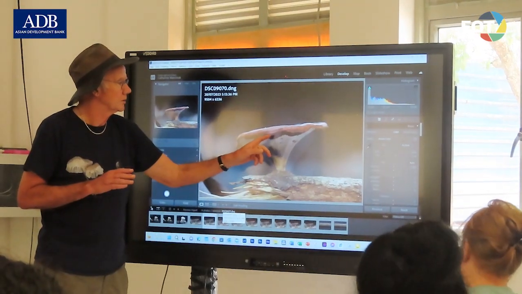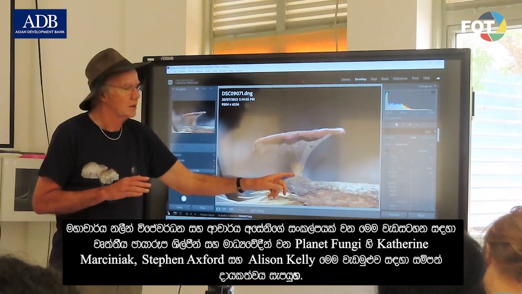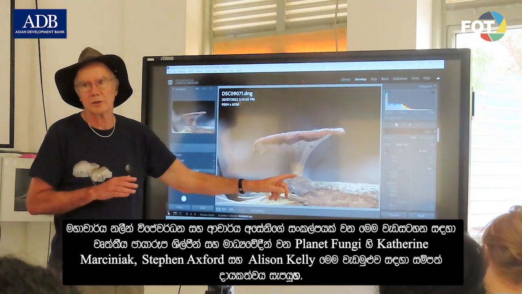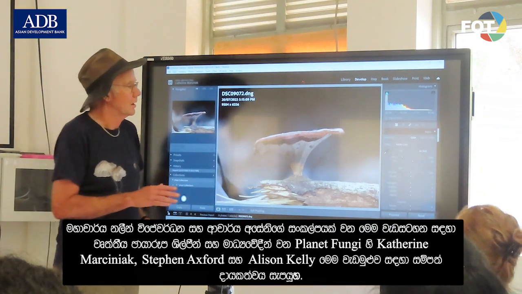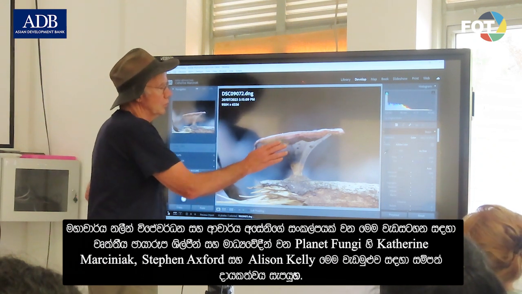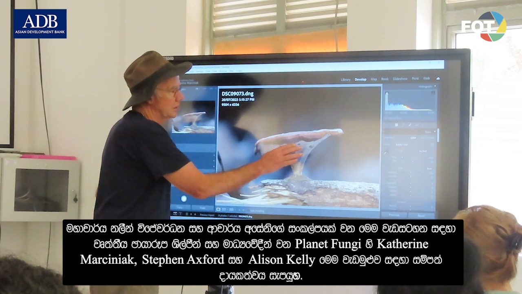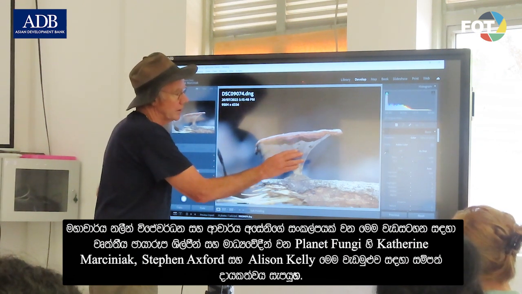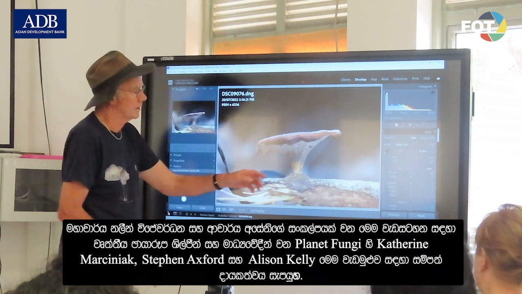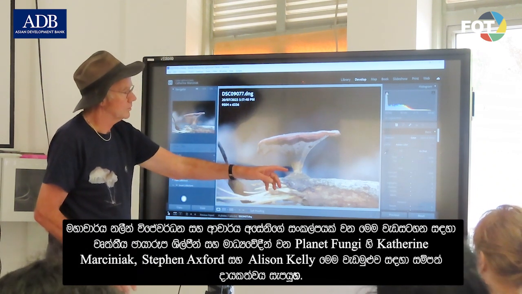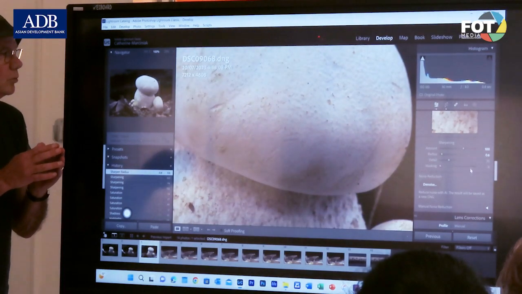The resource persons for this workshop were Marciniak, Stephen Axford and Alison Kelly from Planet Fungi, who are professional photographers and journalists. Additionally, this workshop was the brainchild of Professor Nalin Vijayawardena and Dr. Aseni.